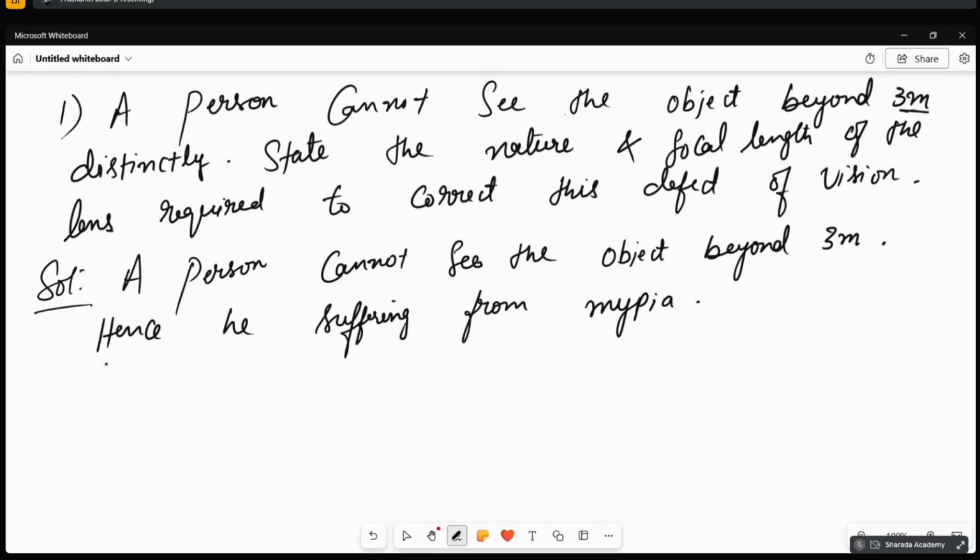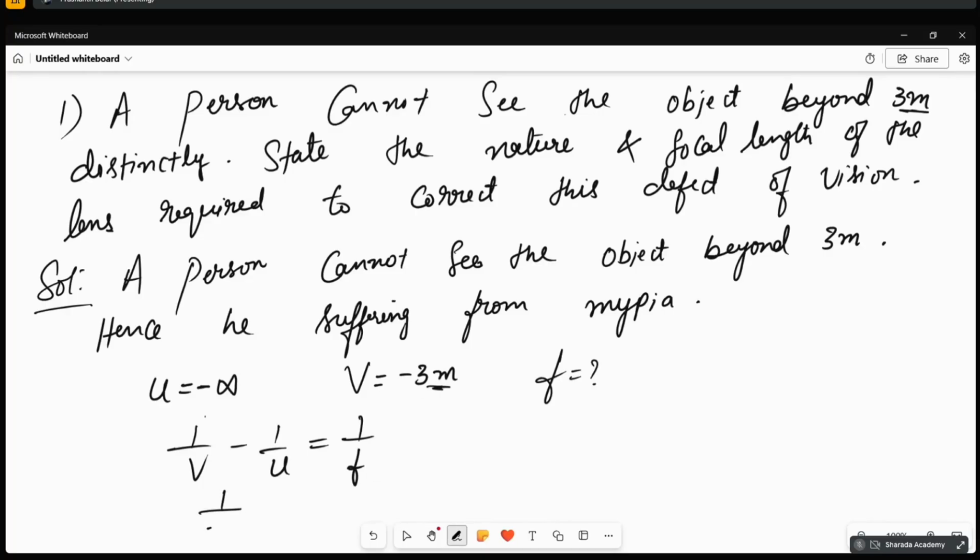So u is equal to minus infinity, because he has to see from infinity also. If the object is at infinity, he should be able to see. V is minus 3 meters, because the image should form at 3 meters, where he can see it. Using 1/v minus 1/u equals 1/f: 1/(-3) minus 1/(-infinity) equals 1/f. 1/infinity is 0.